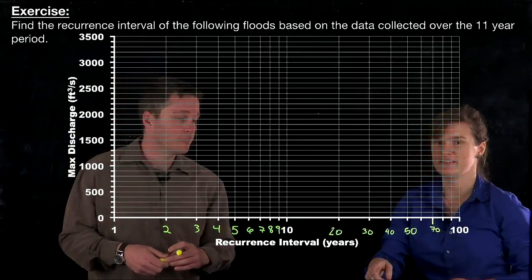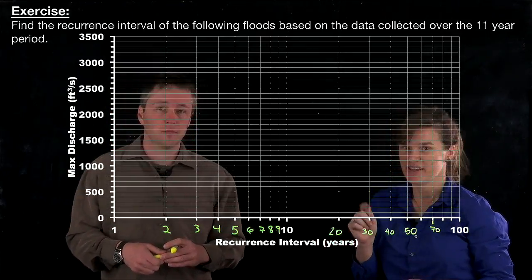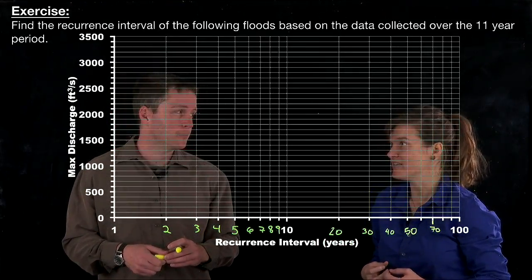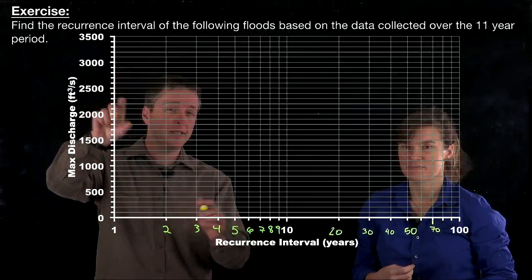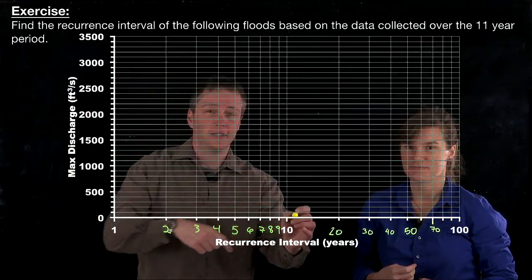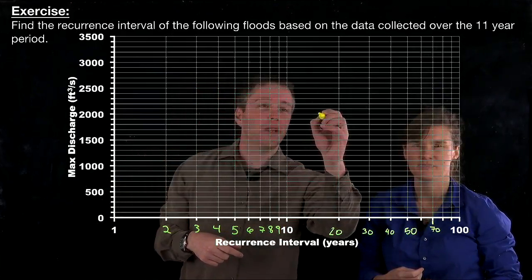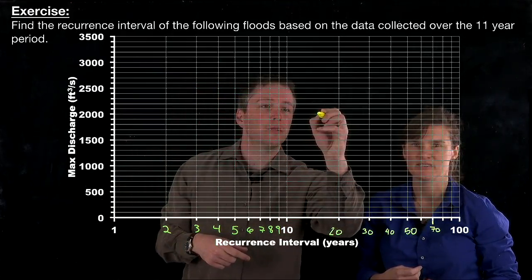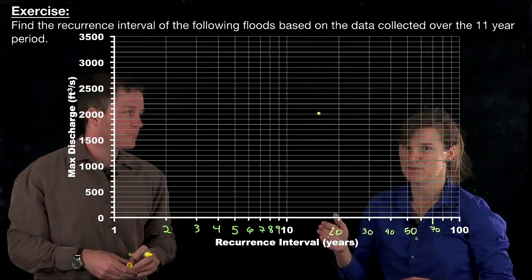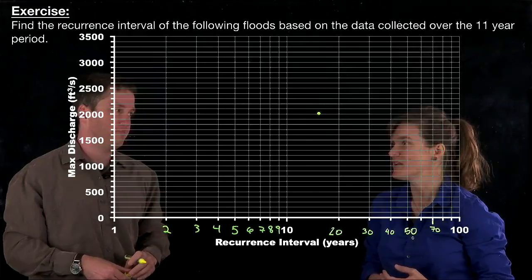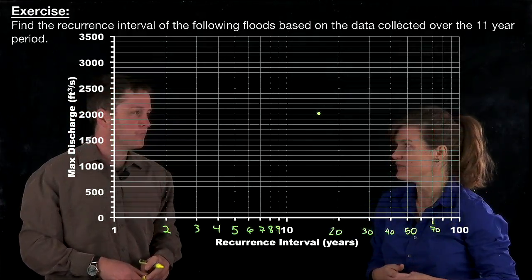Right, so we're going to plot the 12 years on this x-axis, and notice that it's in log scale. So it gets a little tricky here, but we want to have 2030 on the y-axis and 12 on the x-axis here, and so that ends up to be about right here. Okay. So that was our maximum flood event corresponding to about 12 years on this log scale. Right. Okay, so we need to go through and plot all of these points then.